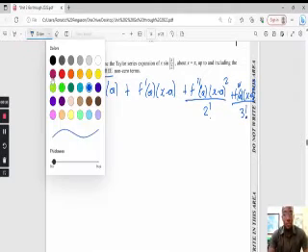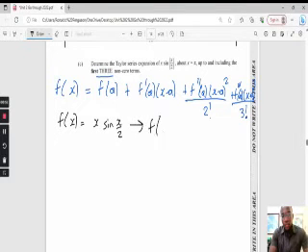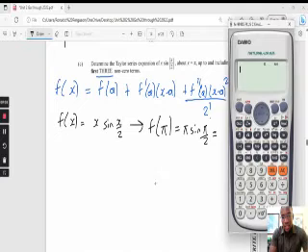That's the formula. So now we need to evaluate f of a first. Our function f of x is equal to x sine (x over 2), which means f of a, or f of pi, since a in this case is pi. So f of pi is equal to pi sine (pi over 2), and make sure your calculator is in radians.